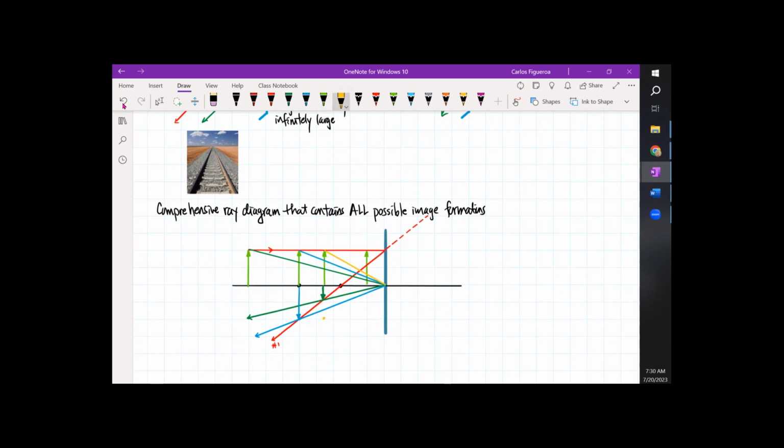Uh-oh, I didn't make the red one long enough. So let me go back and make the red one longer. And you can see that that image crosses right here.